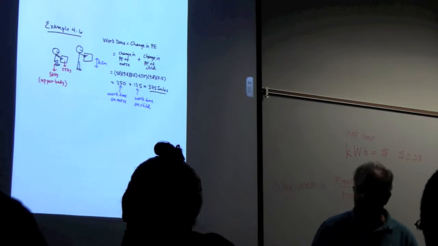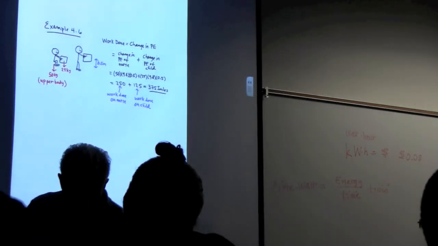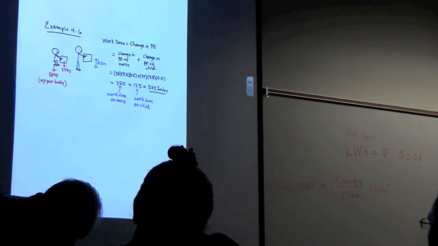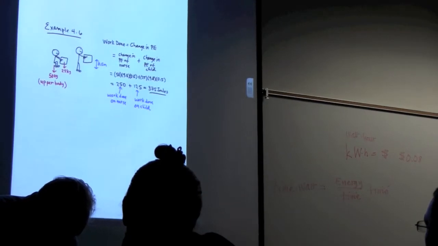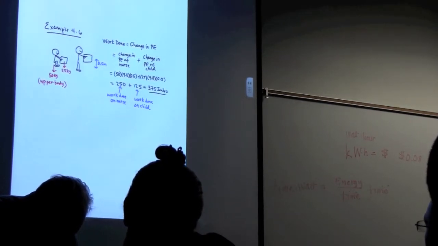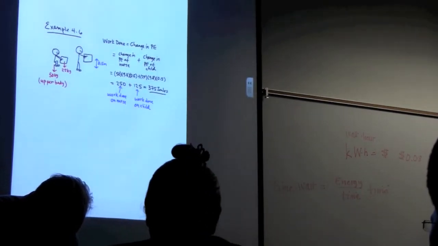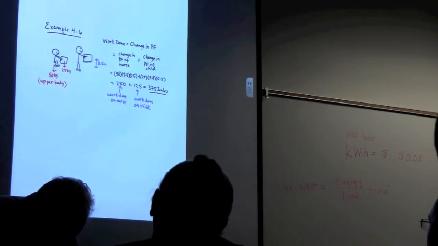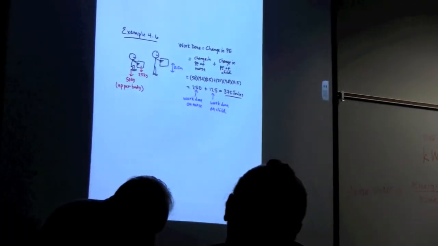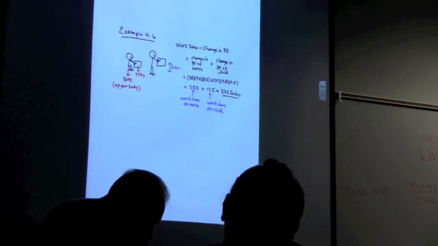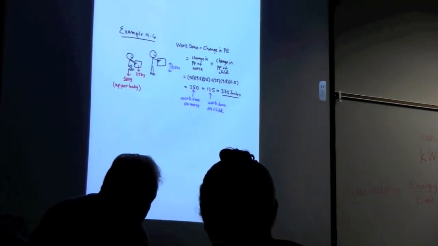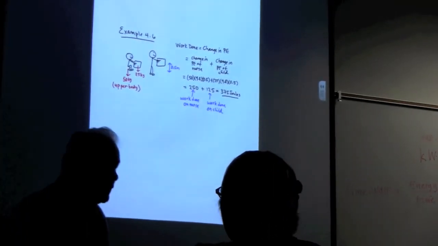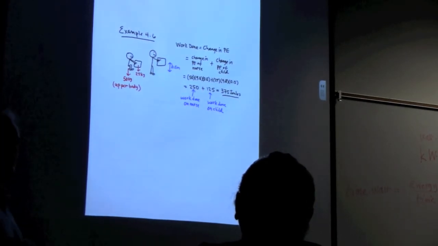How about this one, 4.6? It says, calculate the work done by a 50-kilogram nurse lifting a 25-kilogram child half a meter onto a table. In the figure on the next page, the nurse is a smart nurse. She knows how to flex her knees when she's picking something up.